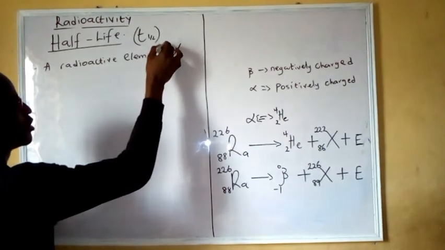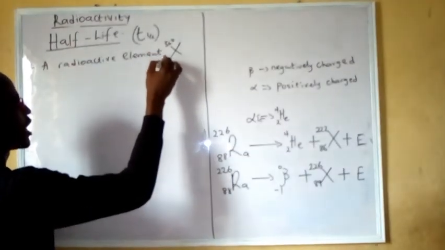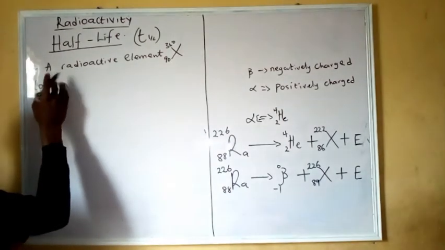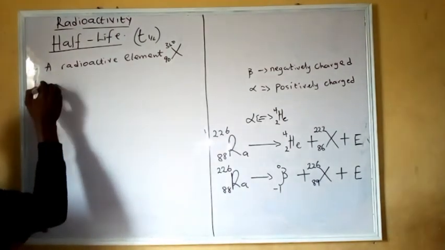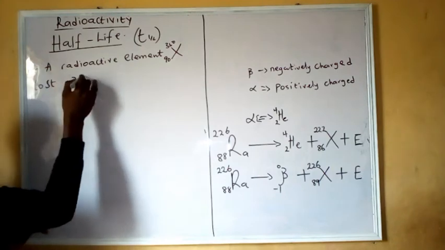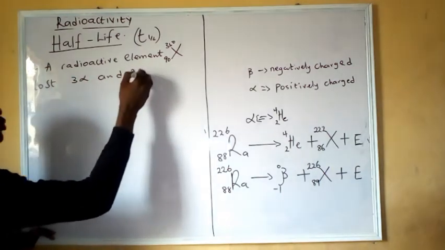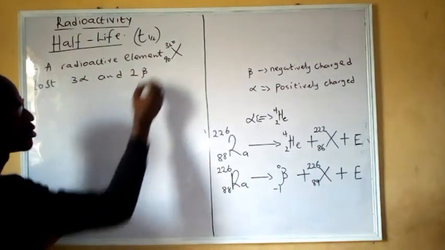X, 350, 90, lost 3 alpha particles and 2 beta particles.